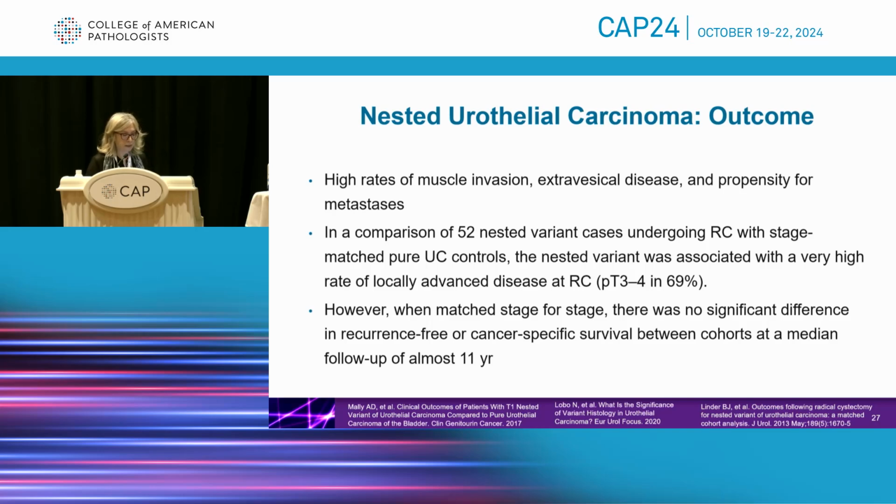In a comparison study of 52 nested variant cases compared to conventional urothelial carcinoma controls, the nested variant was associated with a high rate of locally advanced disease and radical cystectomy. However, when cases were compared and were matched stage by stage, there was no significant difference in recurrence-free or cancer-specific survival at almost 11 years.